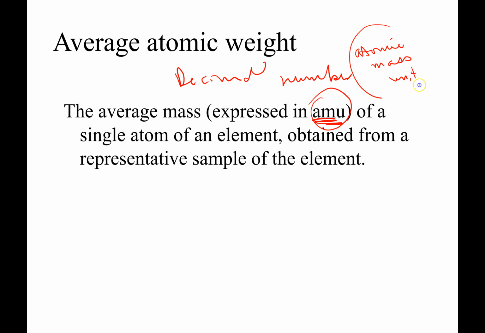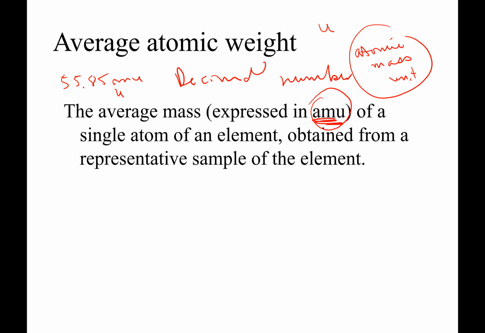And the more current symbol is actually the letter U. So sometimes, if I pick on iron, I say it weighs 55.85. I could say AMUs, or I could say U's. So you'll see both out there.